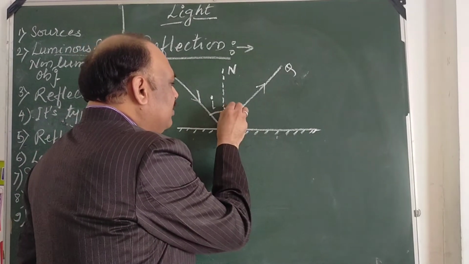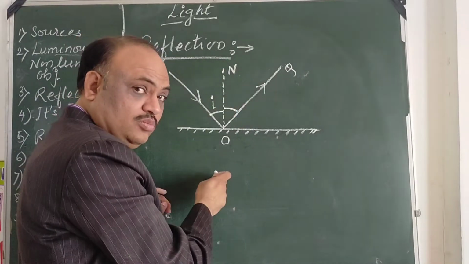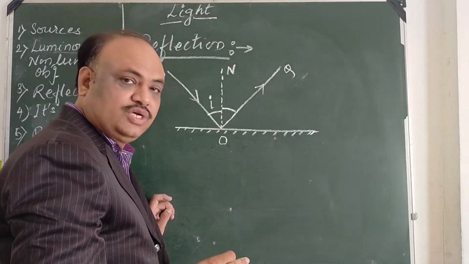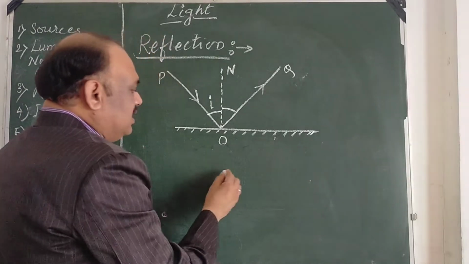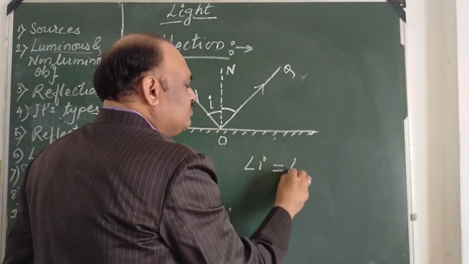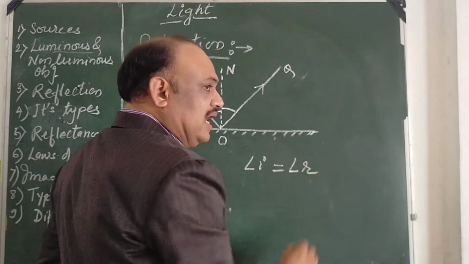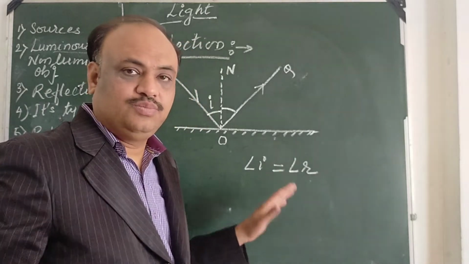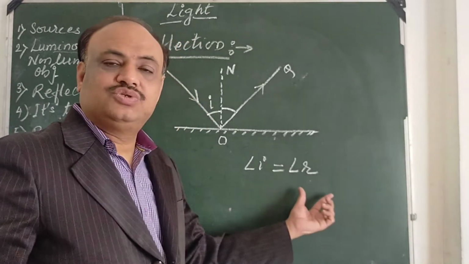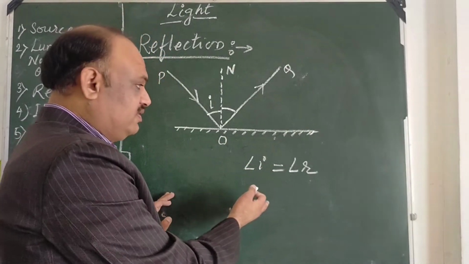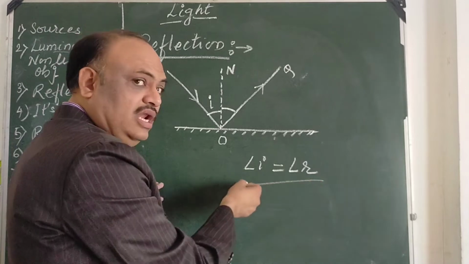Similarly, the angle made by the reflected ray with the normal at the point of incidence is known as the angle of reflection. This angle of incidence is always found to be equal to the angle of reflection. This is mathematically as well as practically proven that angle I equals angle R. So that has become part of the laws of reflection. So angle I is equal to angle R.